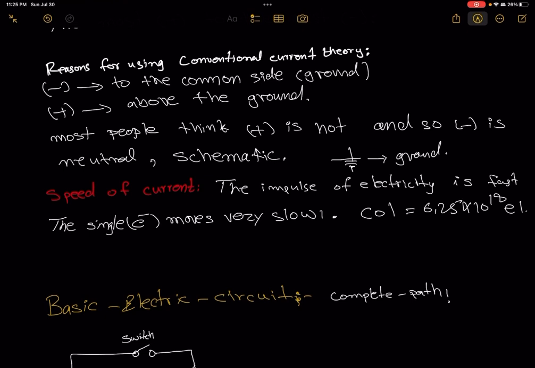Even with slow-moving electrons, when they try to enter the wire, some of them enter and the others have to leave, and that's what causes the speed of the impulse, because one is coming in, another is leaving. So that's the speed of current right there.